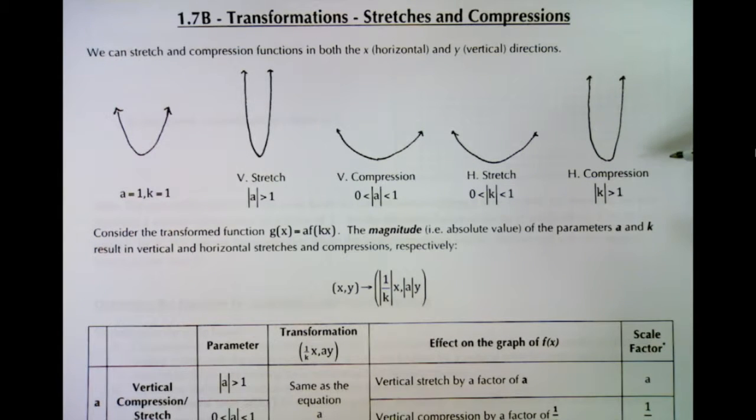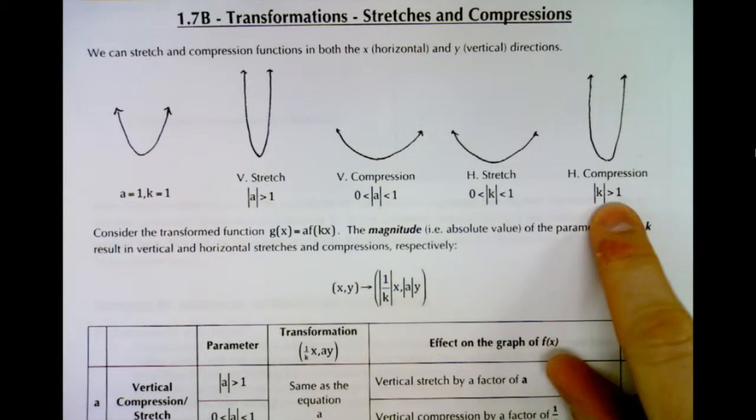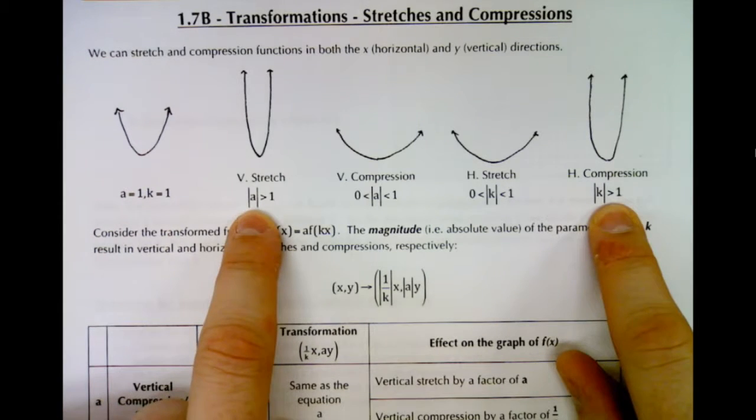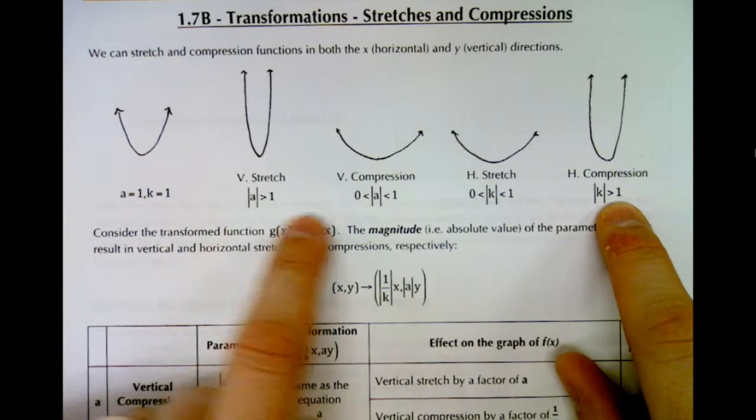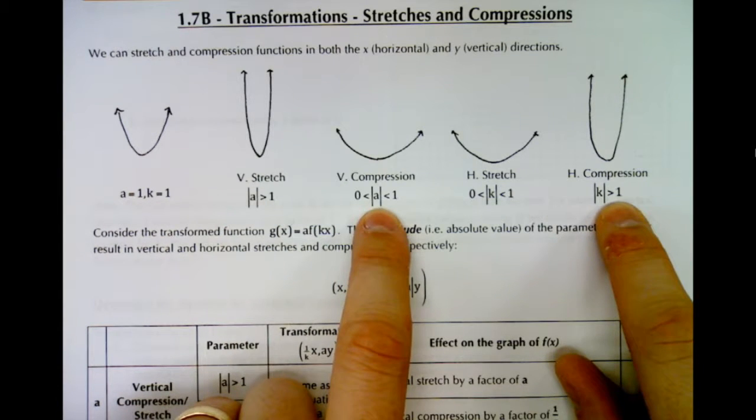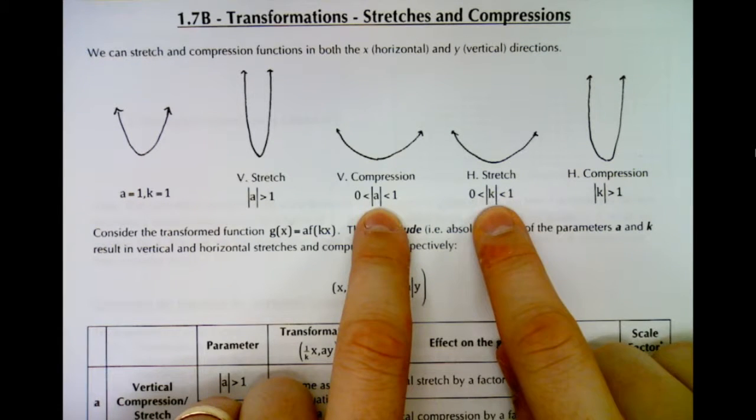And that would kind of be the opposite of what you were thinking about in terms of A value. If A is greater than 1, like if we had an A value of a parabola like 2, that is a vertical stretch. But here I'm telling you it's a compression for K. It's actually the opposite. A vertical compression was when we had numbers like a half or a third or a quarter. But for a horizontal one, that would be a stretch.